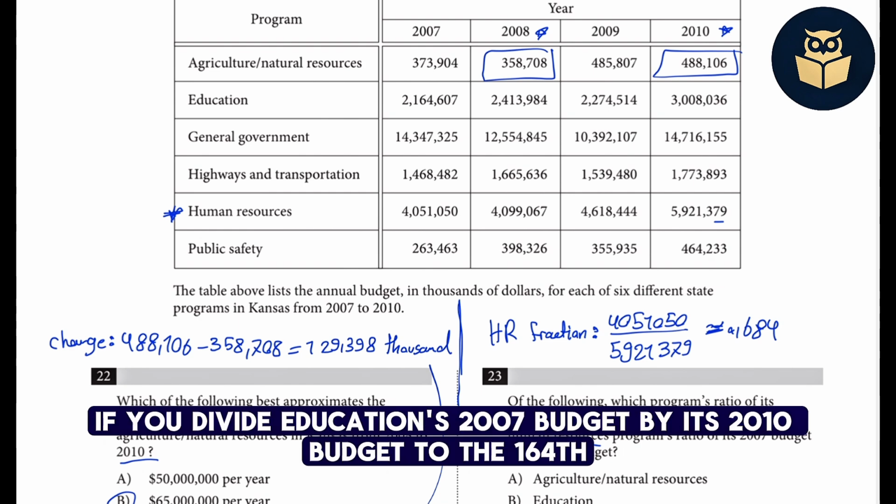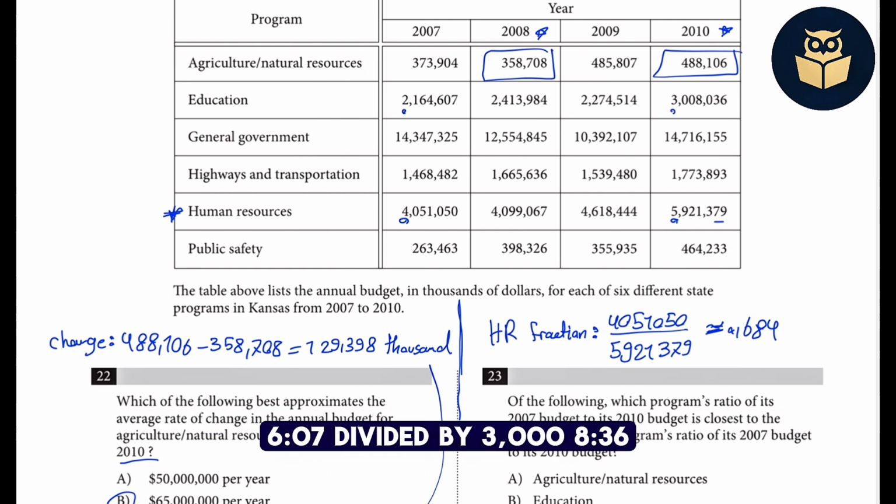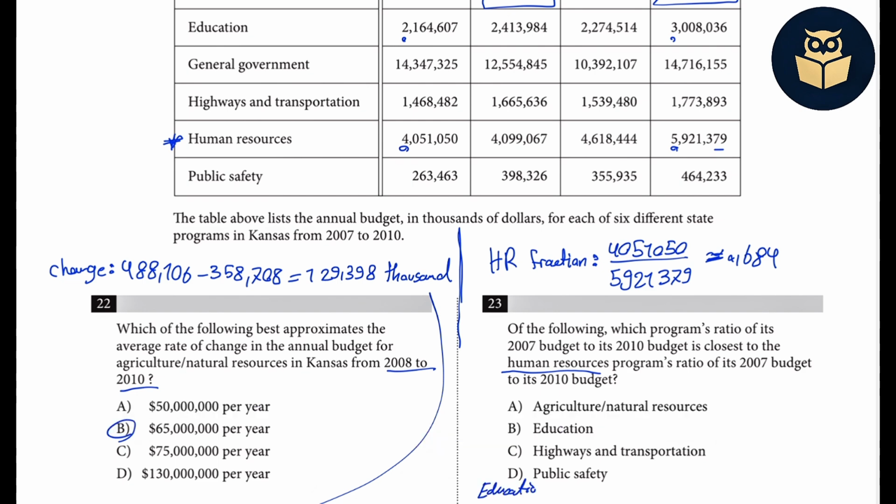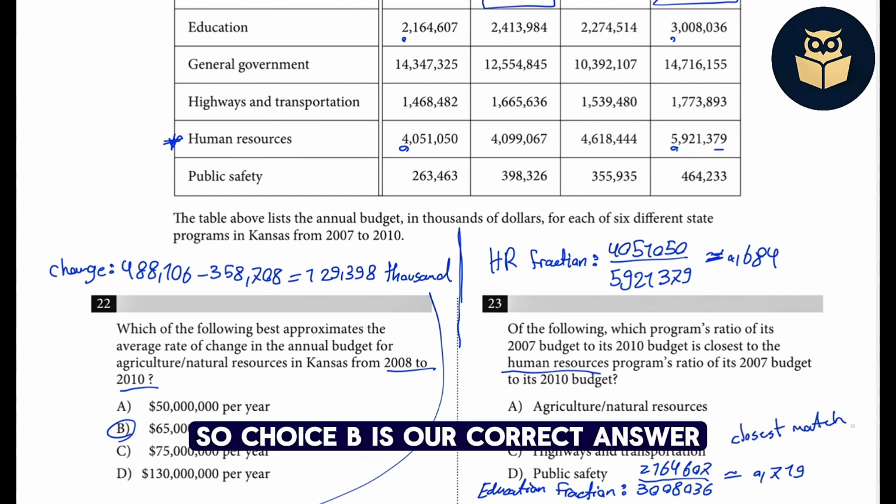If you divide education's 2007 budget by its 2010 budget, you get approximately 0.719, which is by far the closest match among the choices. So choice B is our correct answer.